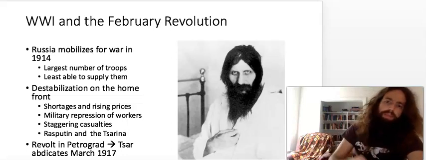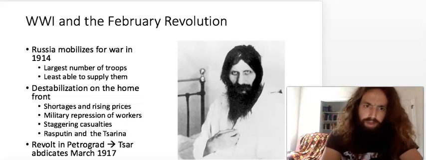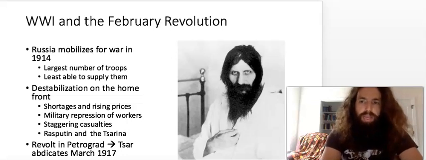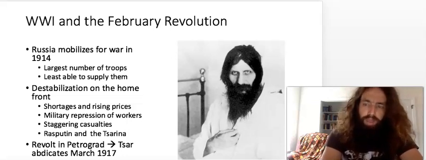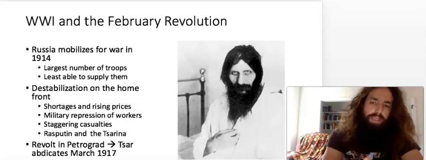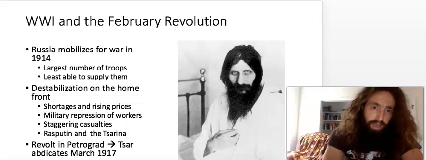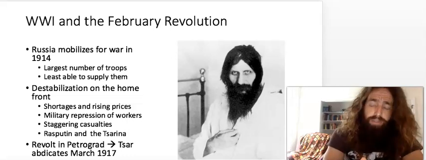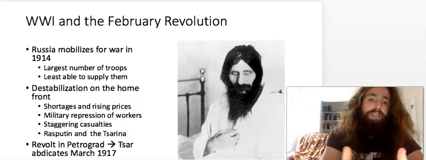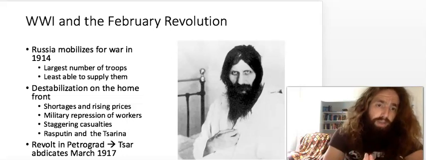Russia, on paper, looks like a really powerful opponent. They have the largest number of troops out of any power fighting in the war, but in reality, they are not very threatening. The reason for this is that their economy is still so far behind the other Western powers that they are basically unable to equip their troops with modern equipment. And simply attempting to supply these troops as they go up against the Germans and the Austrians wrecks the Russian economy.